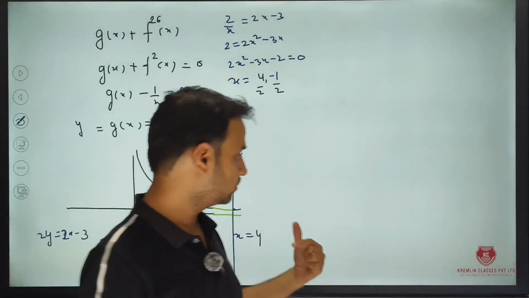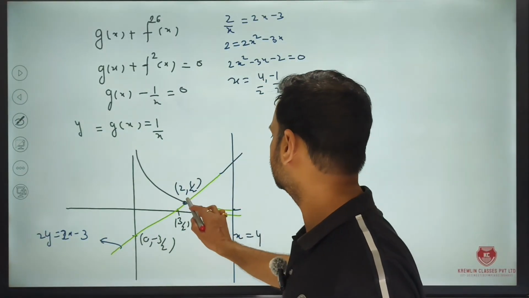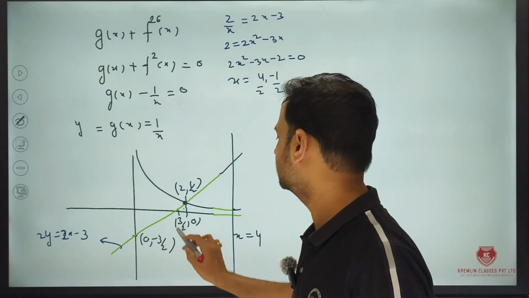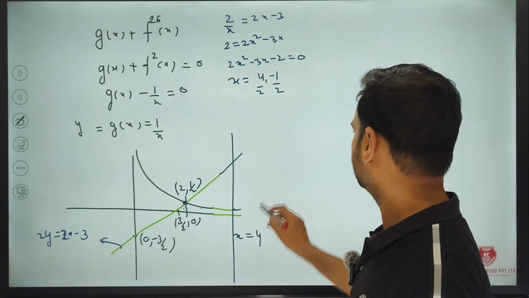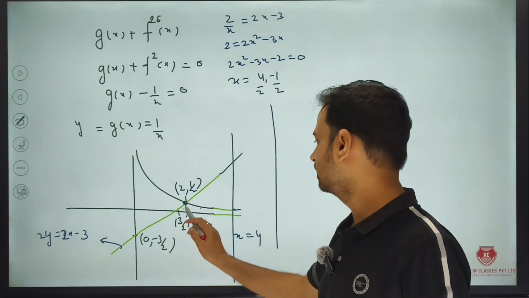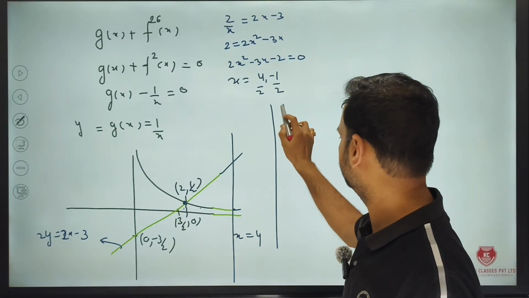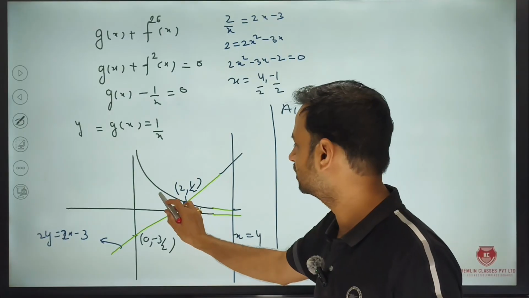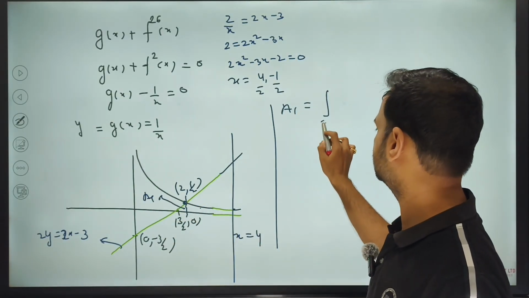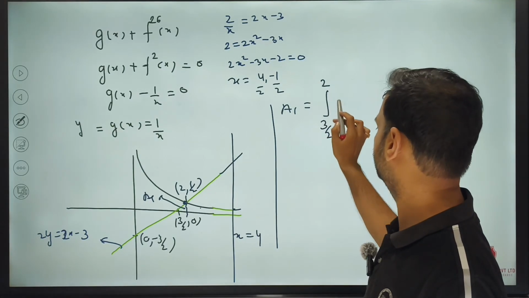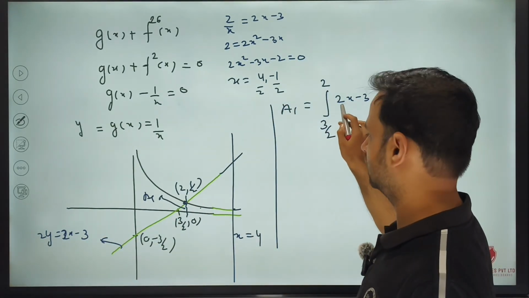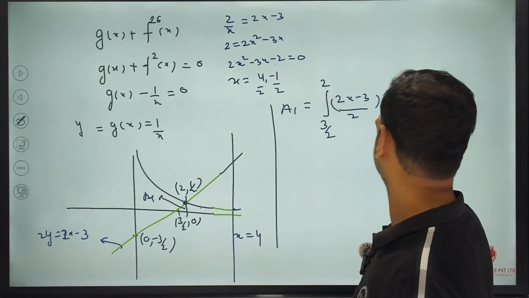This is the point. We have to find out the area. So here there are two areas, first this area and second this area. We can find it very easily. This is the line, so first area A1, this is A1. A1 is the integral from x equal to 3 by 2 to 2 of (2x minus 3) upon 2 dx.